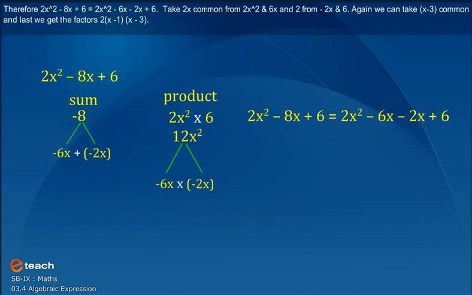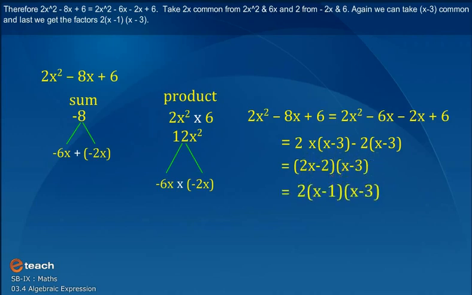Take 2x common from 2x squared and 6x, and 2 from minus 2x and 6. Again we can take x minus 3 common. And lastly, we get the factors 2 into bracket x minus 1 into another bracket x minus 3.